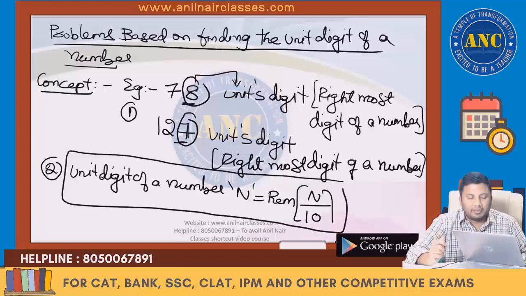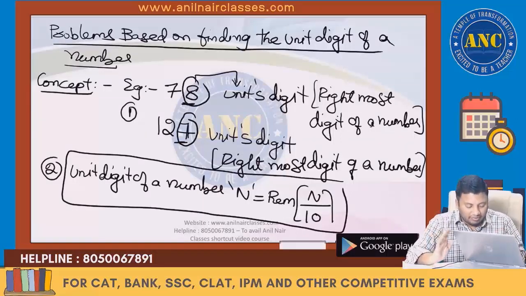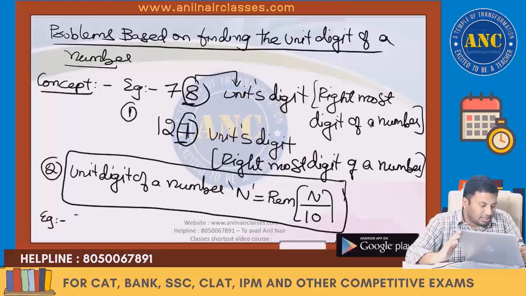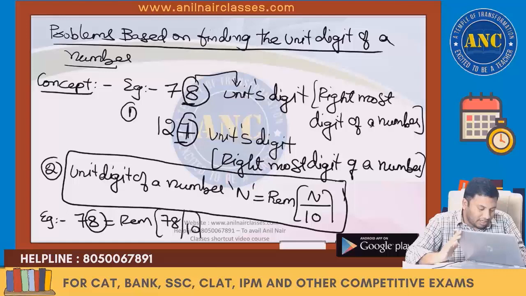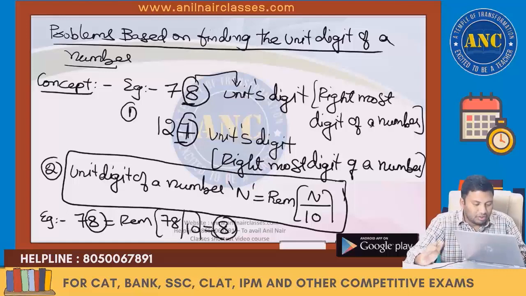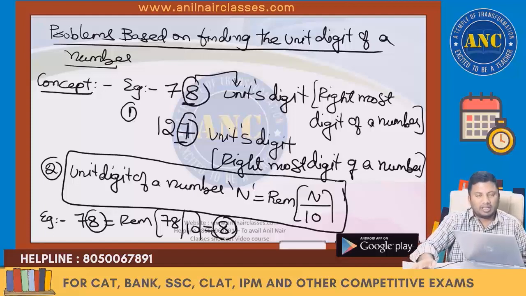If you divide a number by 10, whatever you get as the remainder is the unit digit of the number. For example, 78. If I want the unit digit, divide this number by 10. 10 sevens are 70. The unit digit is 8.